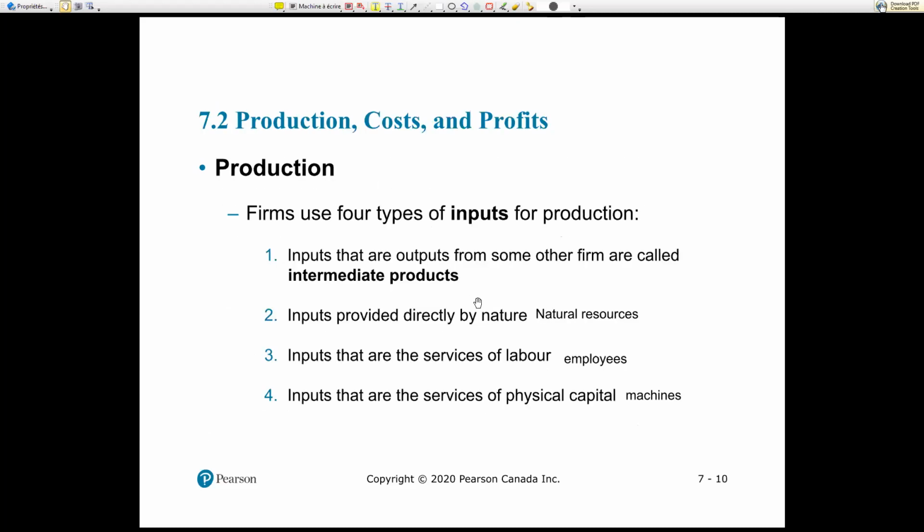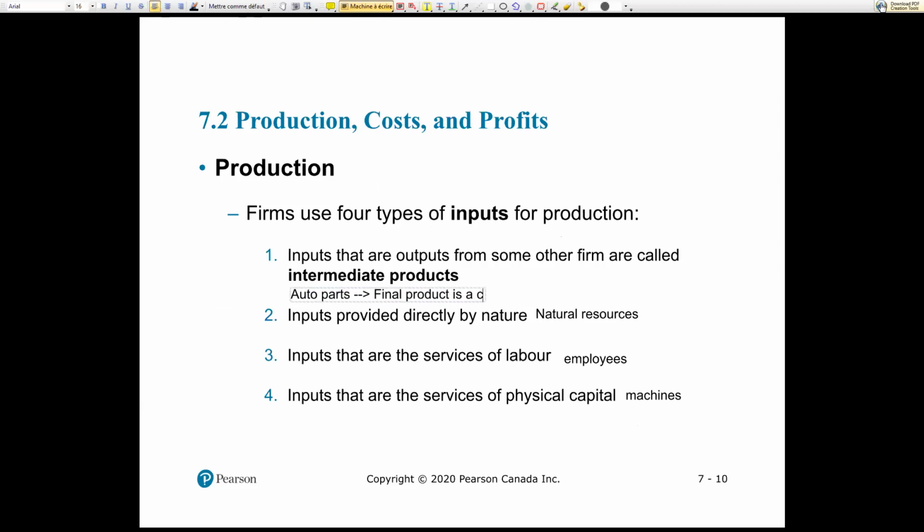So intermediate inputs could be something like auto parts that are going to help me produce my final product.